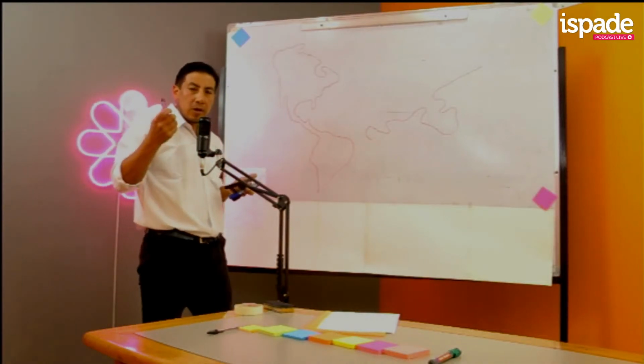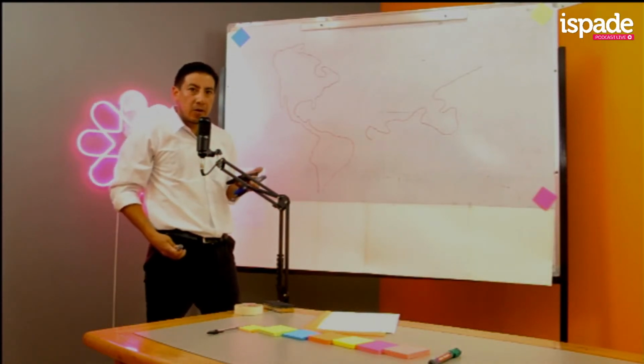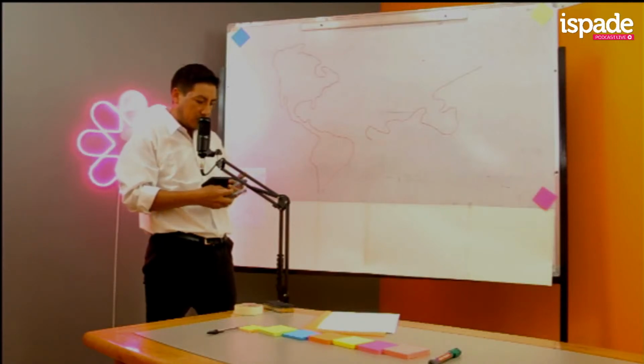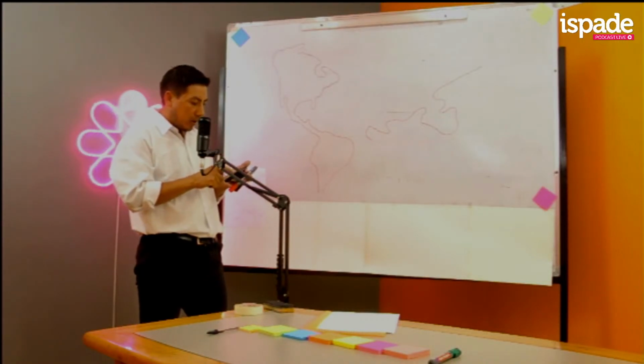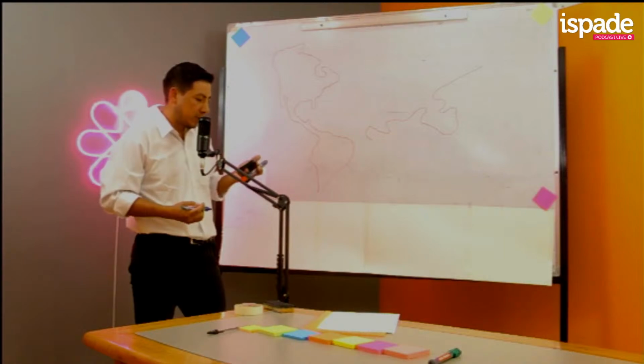Now, I want to show you also how the first languages started all around the world. Here we have the map. Over there we have Europe, and I'm also going to show you some countries.